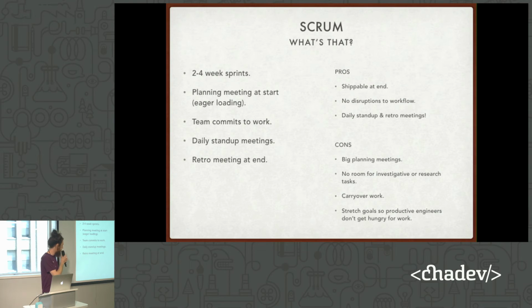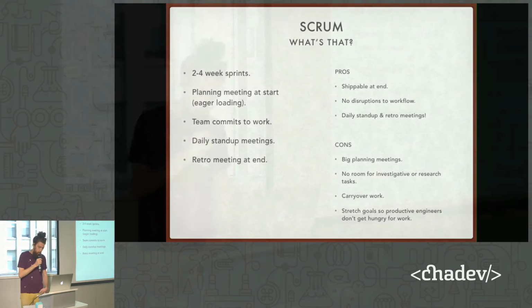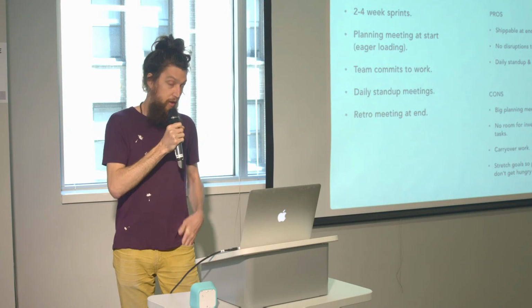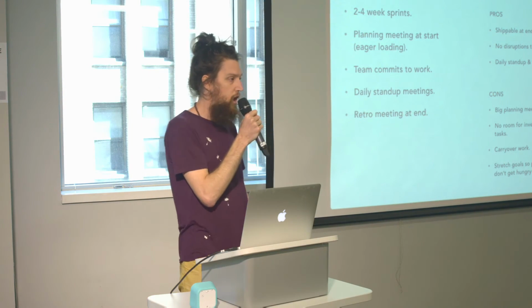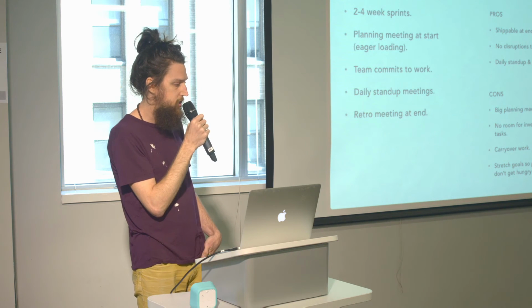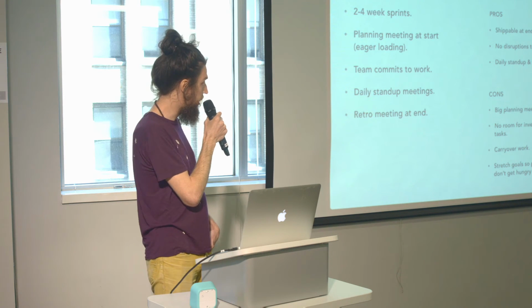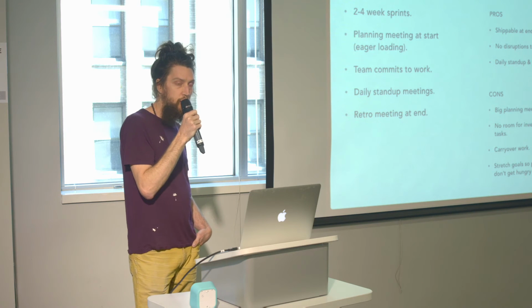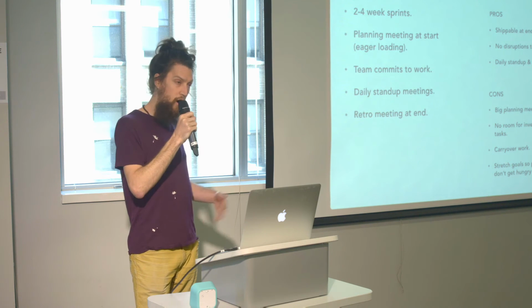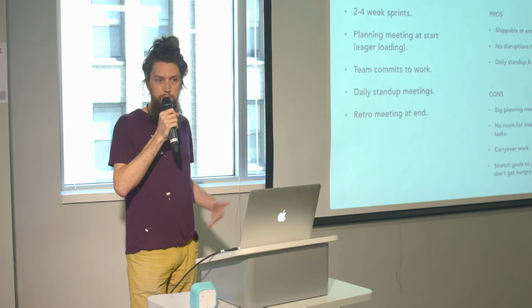They're kind of Band-Aids on it. Carryover work is, at the end of the sprint, you're not going to actually have finished everything. It's kind of rare, so that work's going to be carried over into the next sprint, which starts making you ask the question, why are we even doing this? Stretch goals are a way to work around the inverse problem, which is you get to the end of the sprint and some of your engineers are freed up and the current work remaining is in progress and there's no work planned.